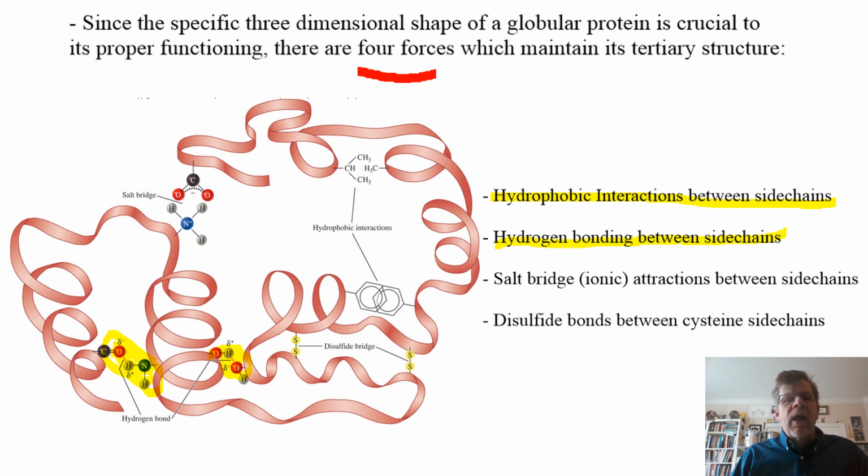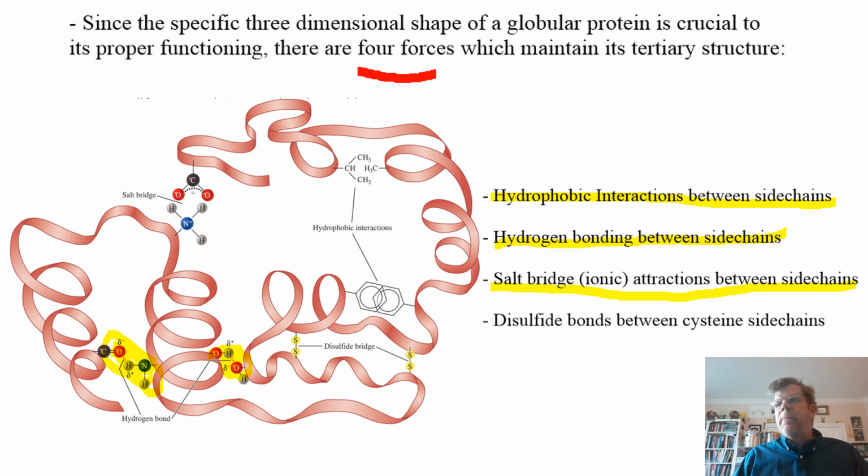These neutral hydrophilic side chains, essentially hydrogen bonders. The next level are called salt bridges, or rather ionic attractions between side chains. Remember, at physiological pH, some of our functional groups are ionized.